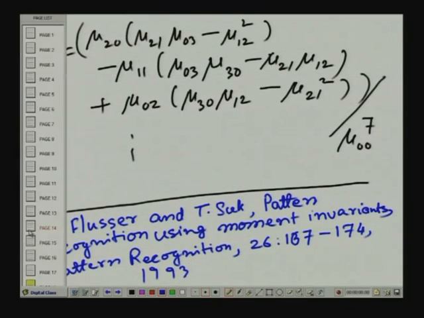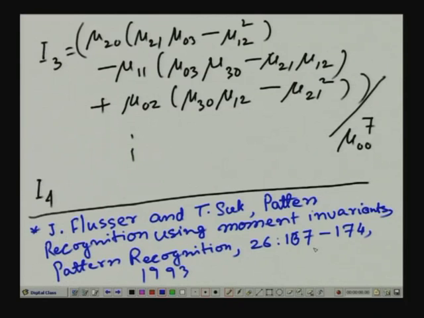This reference gives the details of how these 4 different moment invariants are generated from the moments, and these are rotation, translation and scale invariant.